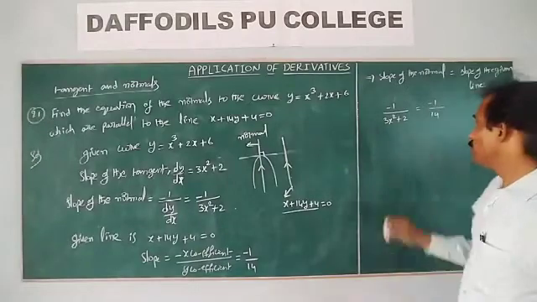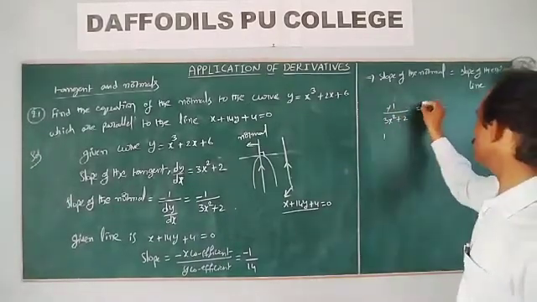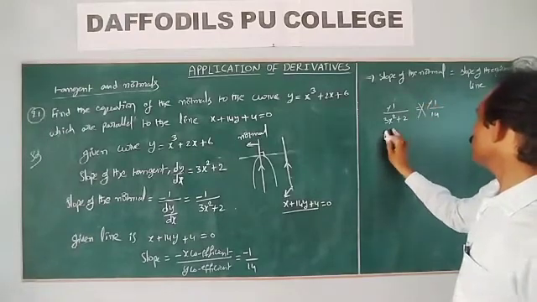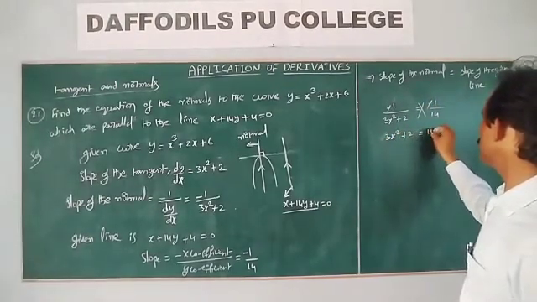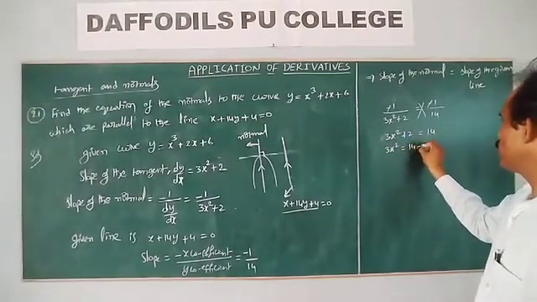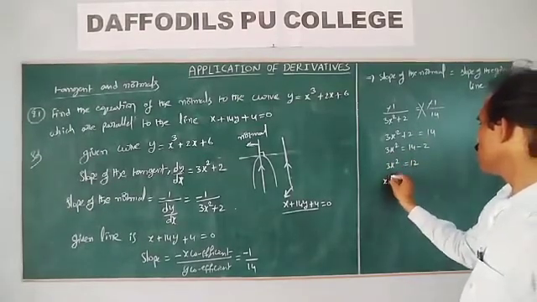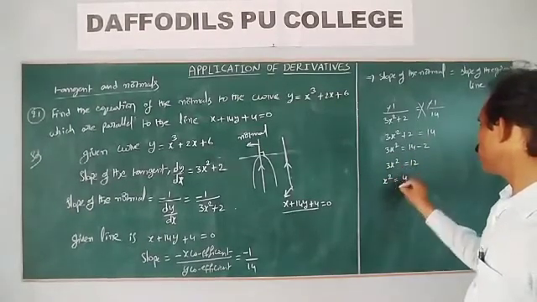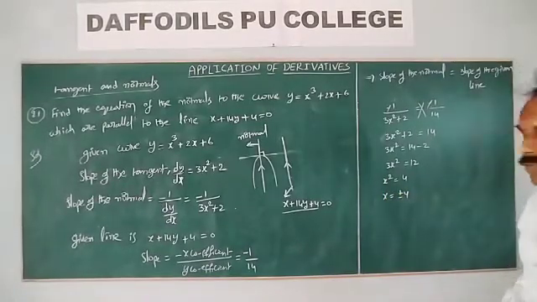Minus signs on both sides cancel. So cross multiply. 3x square plus 2 is equal to 14. 3x square is equal to 14 minus 2. 3x square is equal to 12. x square is equal to 12 by 3, which is 4. x is equal to plus or minus 2.